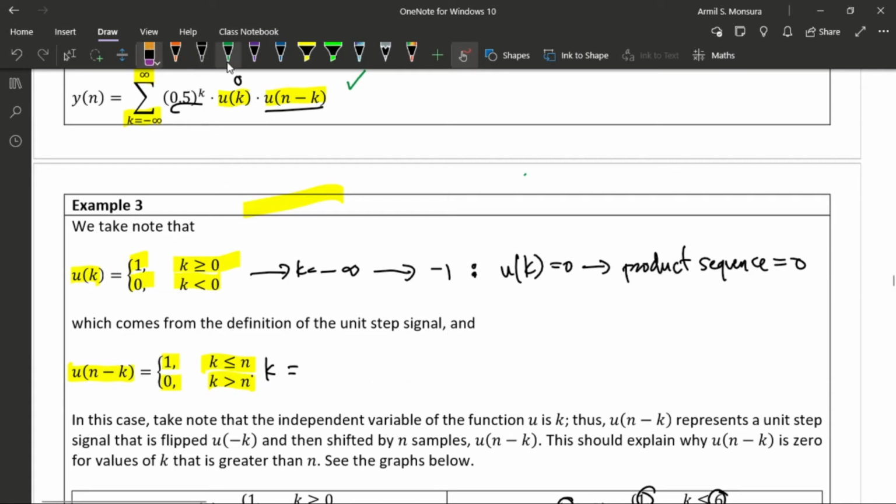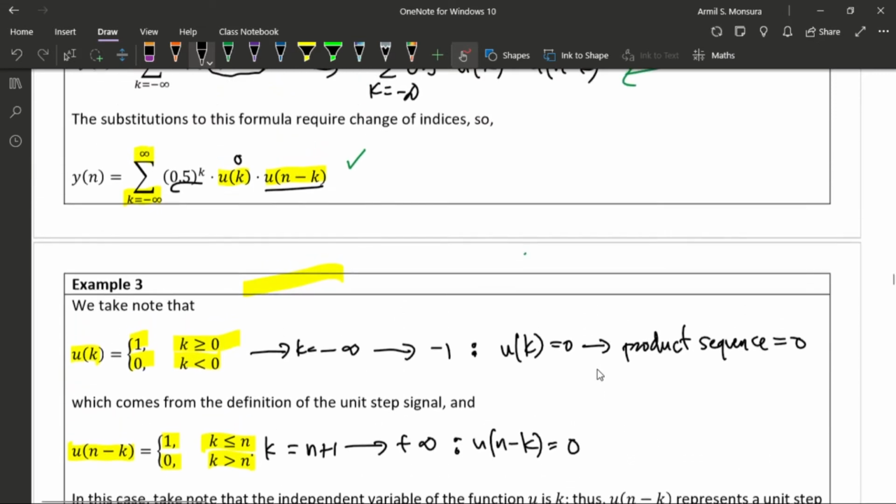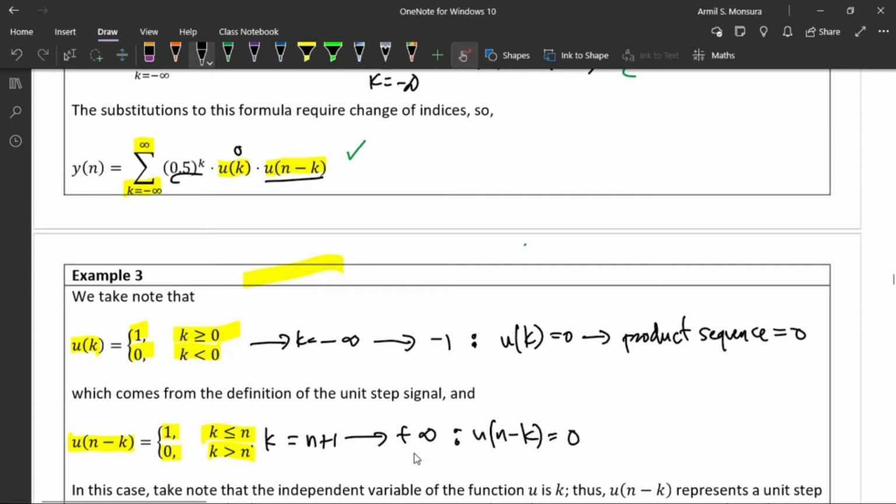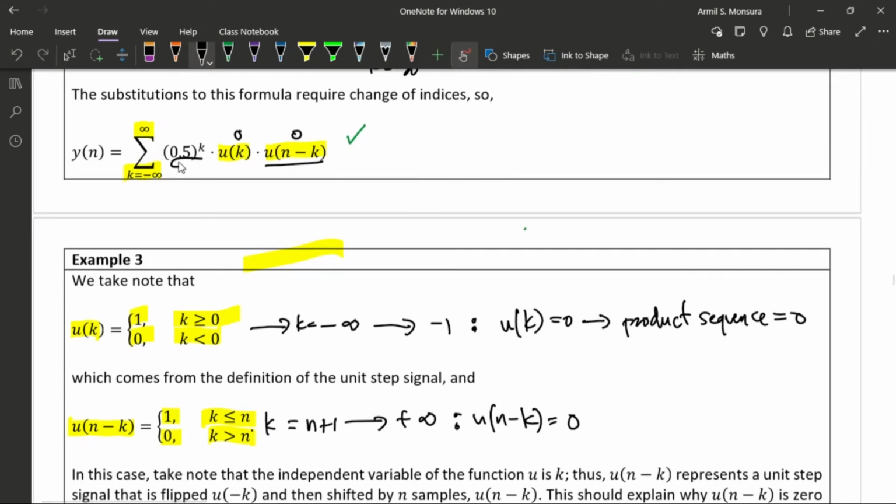And then from n plus 1 hanggang positive infinity, ang value ng u of n minus k niyo ay 0. Now, at these values of k, regardless kung ano ang value ng 0.5 raised to k at ng u of k, mag-0 tong factor na to. This would still lead to a product sequence of 0.